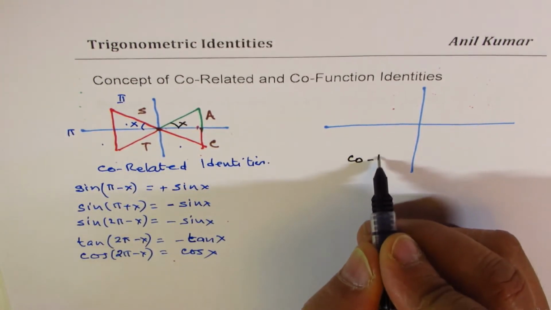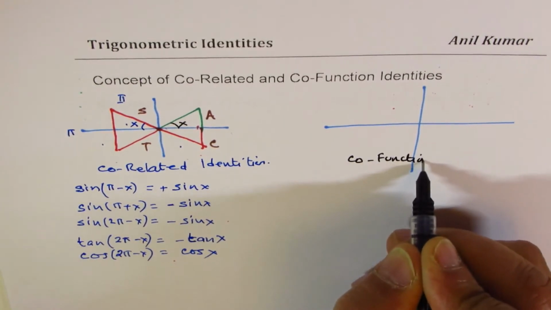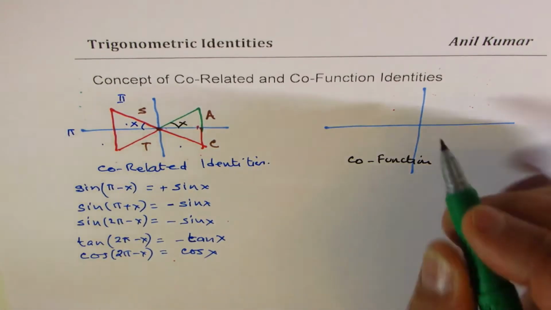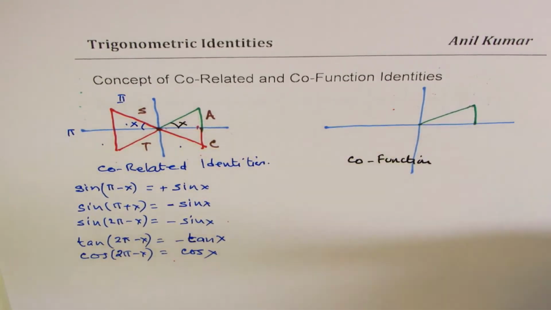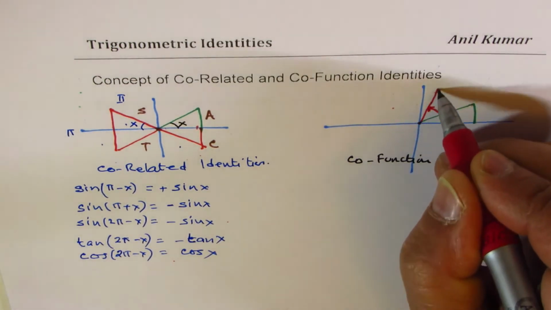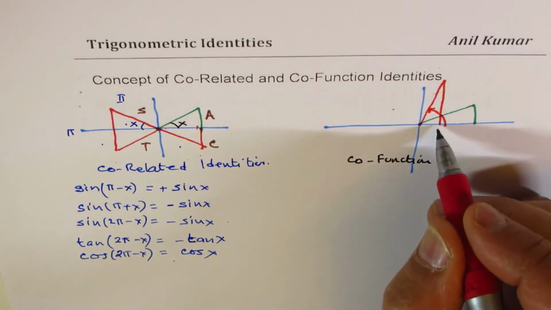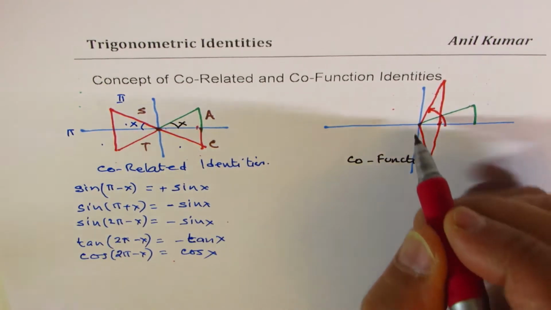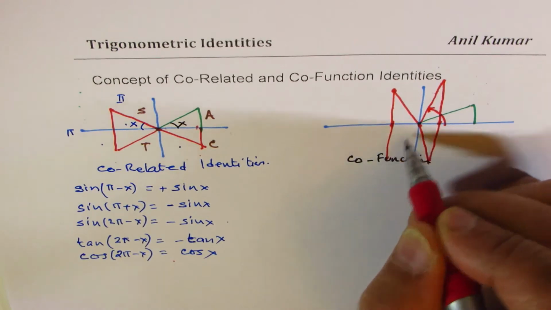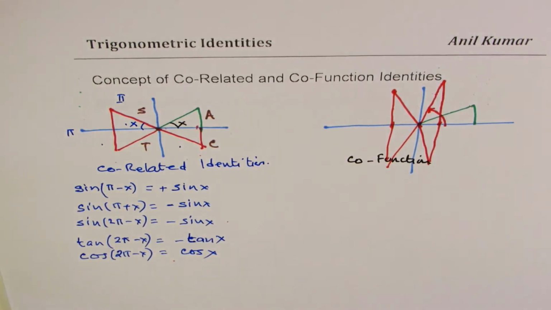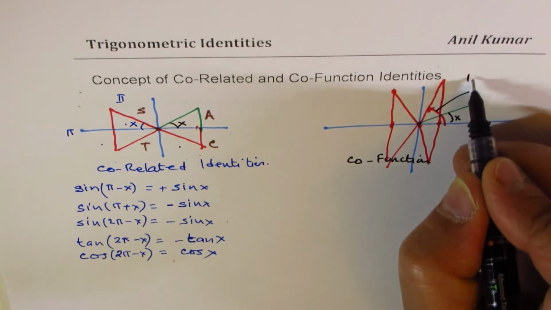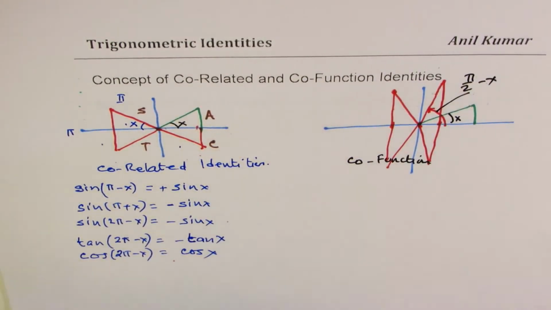Now let's look into cofunction. Cofunction is when sine changes to cosine. So if this was our triangle, we do a rotation so that it becomes kind of like this. Now let me show you all 4 after rotation. So we may get a situation where the triangles are kind of like this. If that angle is x, this angle which I've shown here is pi by 2 minus x.